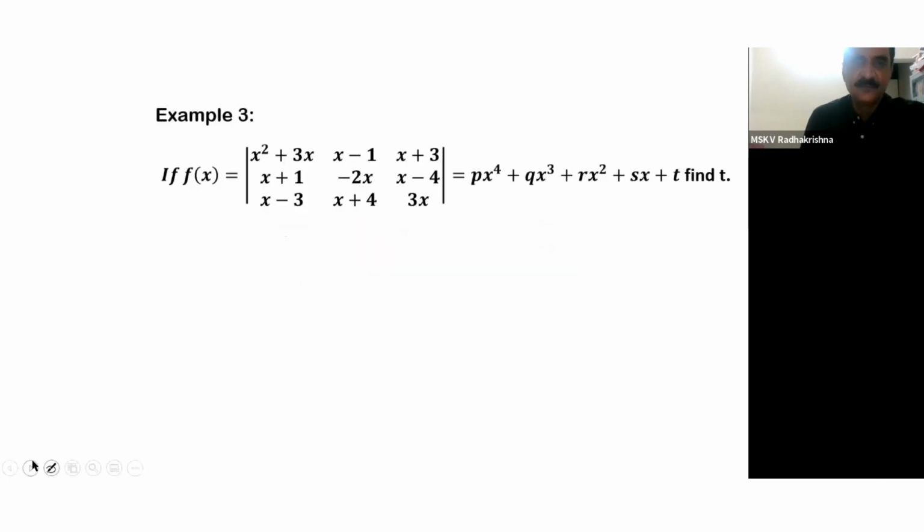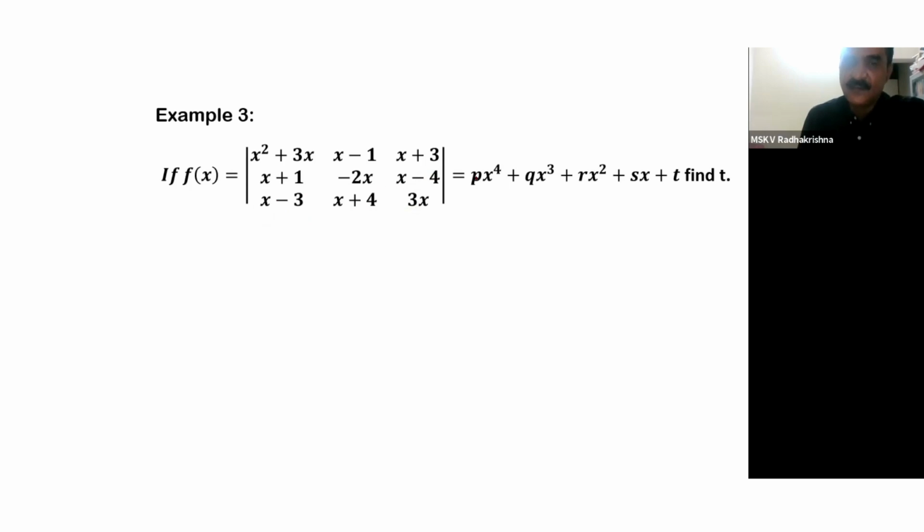Another example. If f of x is equal to the determinant of x square plus 3x, x minus 1, x plus 3, x plus 1, minus 2x, x minus 4, x minus 3, x plus 4, 3x.